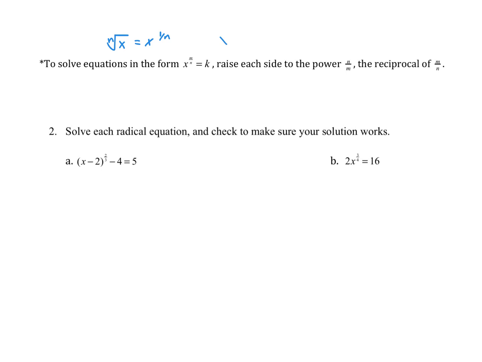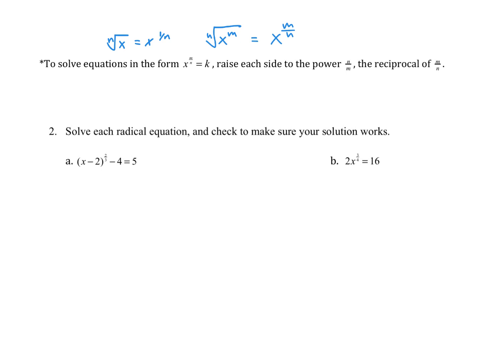Or if we had x to the m and the nth root of that, that would be the same as x to the m over n, where m is the exponent, the top of the fraction, and n, the index of the radical, is the denominator of the fraction.